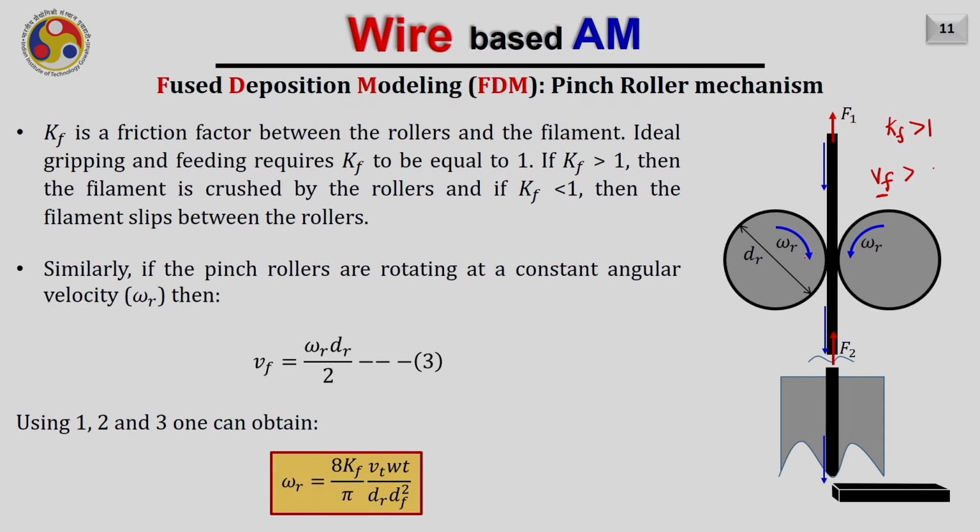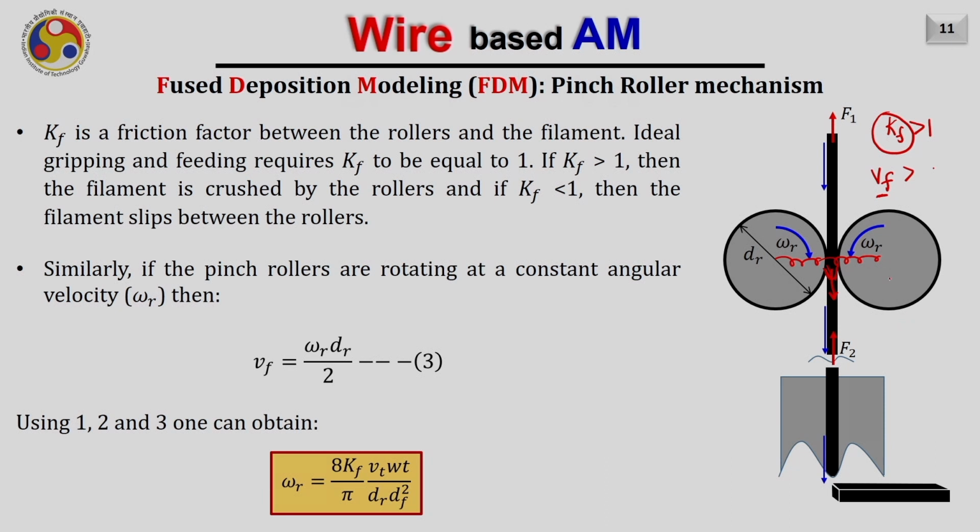This is because when the rollers are crushing the wire, meaning they are reducing its diameter, they are not just applying sufficient pressure in the elastic range, they are plastically deforming or crushing it. In that case, the area of the wire will reduce. As a result, you will have higher velocity of the wire, and as the velocity will be higher, the correction factor Kf will be greater than 1.